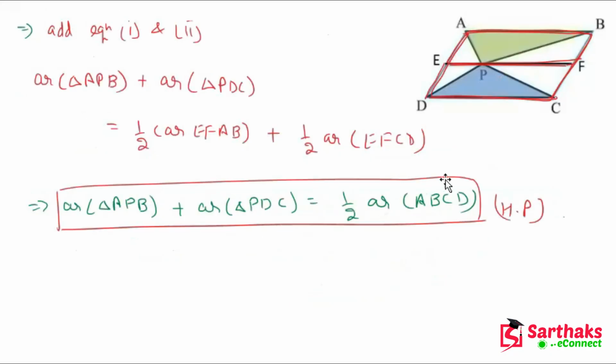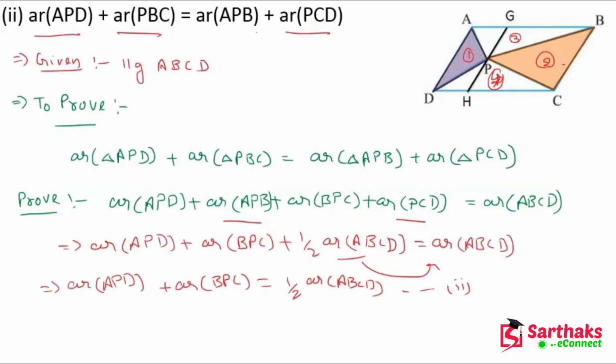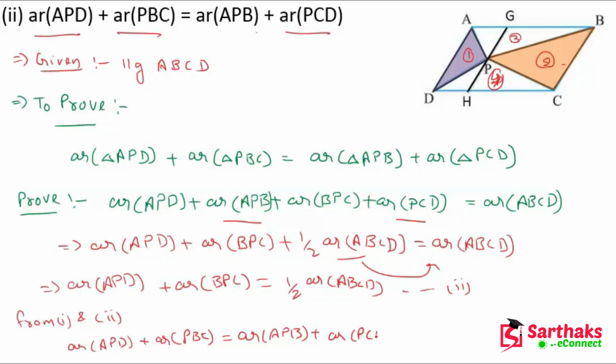Now let's suppose this is equation number 2, and from the earlier part, let's suppose this is my equation number 1. Now we can compare the RHS. Both equations have the same RHS, so from 1 and 2 we can write area of triangle APD plus area of triangle BPC is equal to area of triangle APB plus area of triangle PCD.